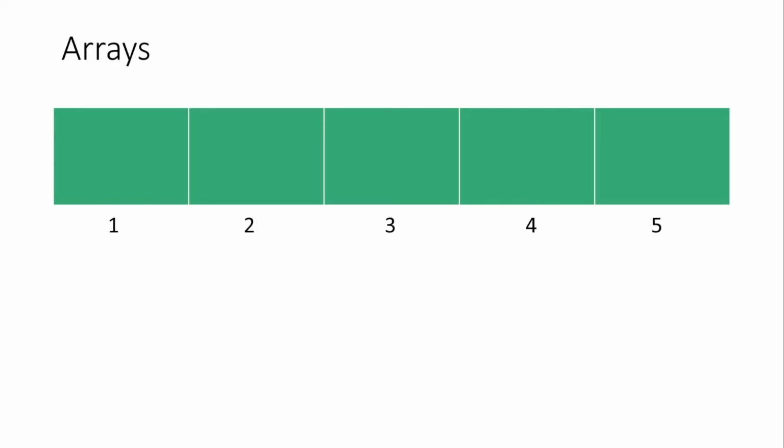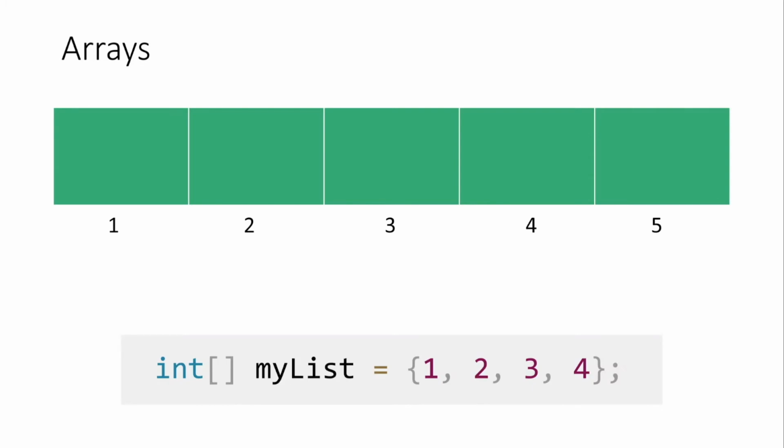So, this is how you define it. Over here, you have to define what each of the elements are going to be. In this case, it's an int. Then you have these 2 square brackets to denote that it is, in fact, a list. Then you have the name.